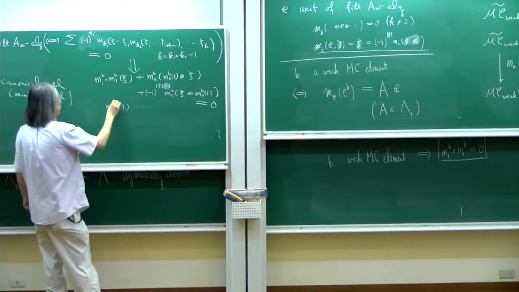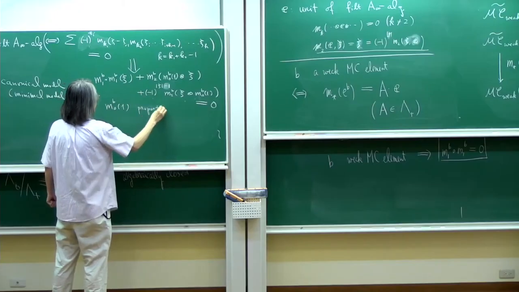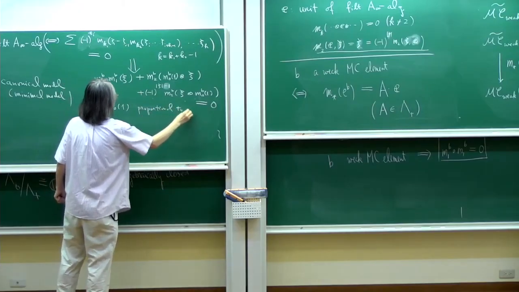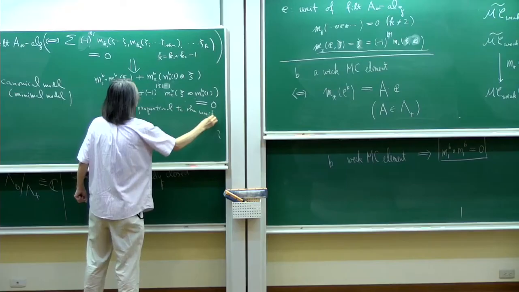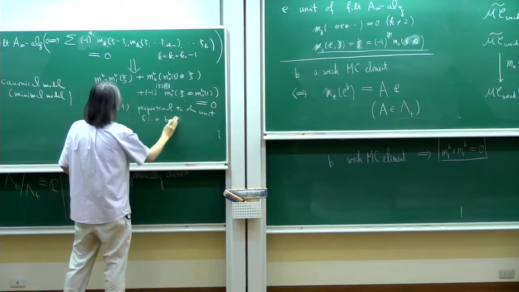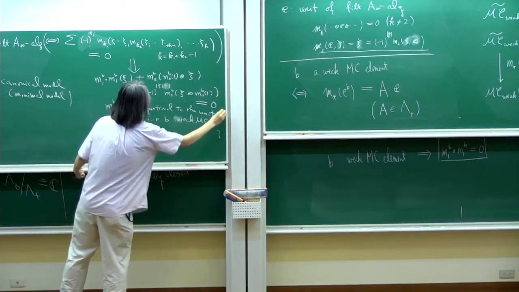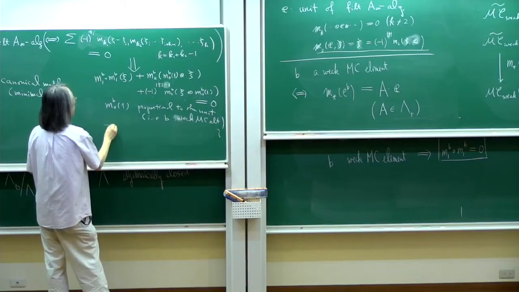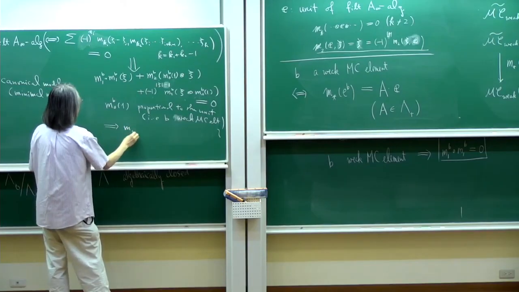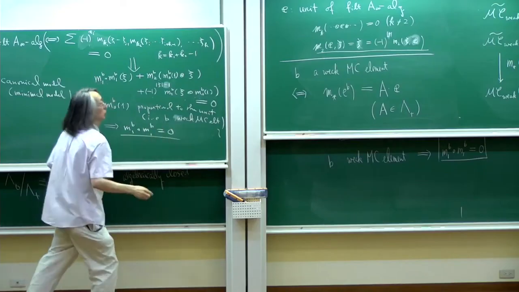If this one is proportional to the unit, namely B is a weak Maurer-Cartan element, then this M1^B squared is equal to 0, right? So therefore this.